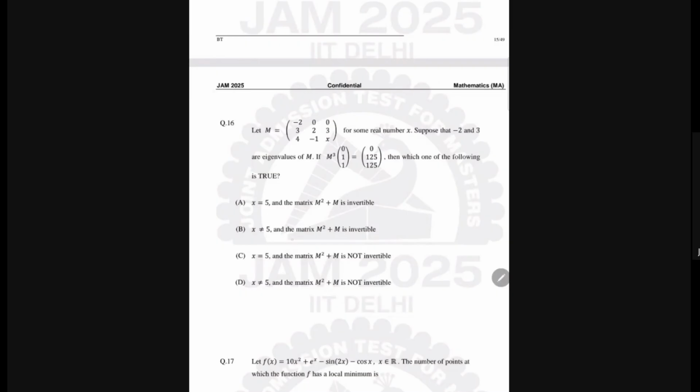Now our next question is, these are two separate questions. M cube is 0. Now we have our M, right?